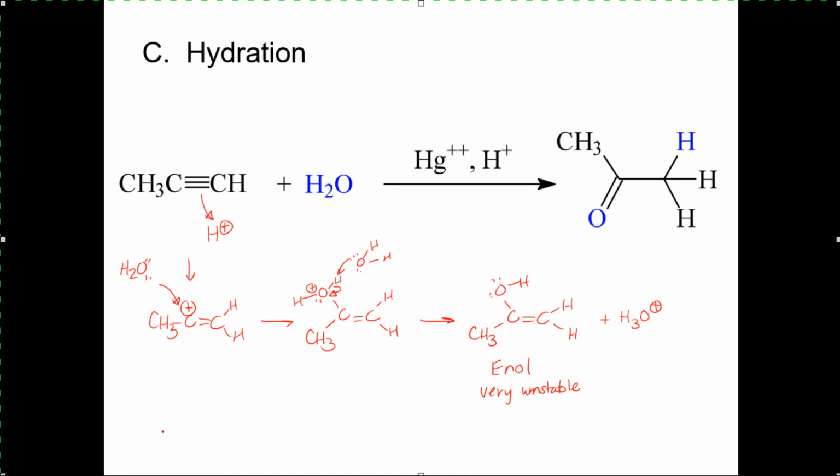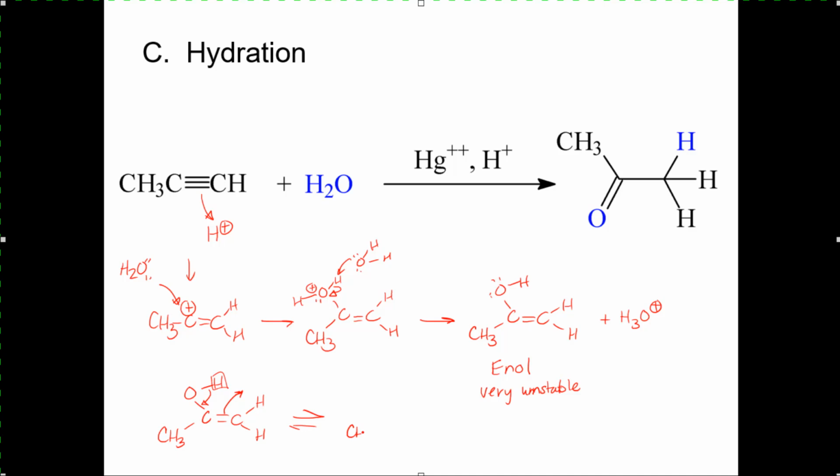In this case, my enol would undergo the following reaction, and this is an equilibrium reaction. I would bring this pair of electrons down to form the carbon-oxygen double bond, and then break the O-H bond and use that pair of electrons to bond this hydrogen to the carbon. So that hydrogen is going to shift from being on the oxygen to being on this carbon.